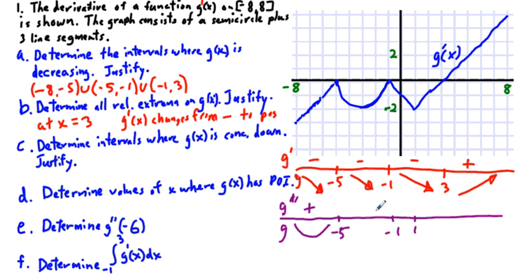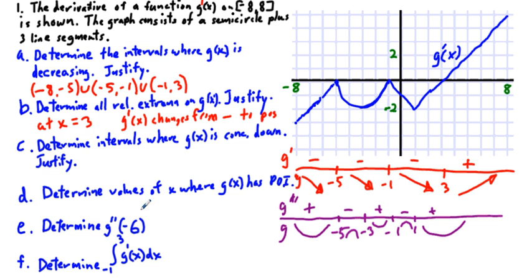Oh, I forgot something, right? What about -3? That's a good catch. Okay, we have negative here, so concave down, positive here, negative between -1 and 1, concave down, and concave up for x greater than 1.